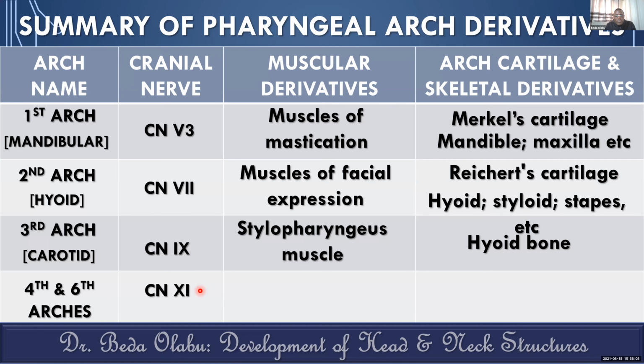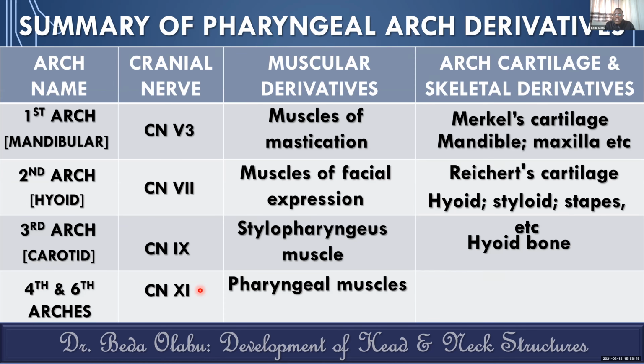In principle, the nerve of the fourth pharyngeal arch is the cranial accessory nerve, and the nerve of the sixth pharyngeal arch is the recurrent laryngeal nerve. So that is in principle. The nerve of the fourth arch is the cranial accessory nerve, and the nerve of the sixth pharyngeal arch is the recurrent laryngeal nerve.